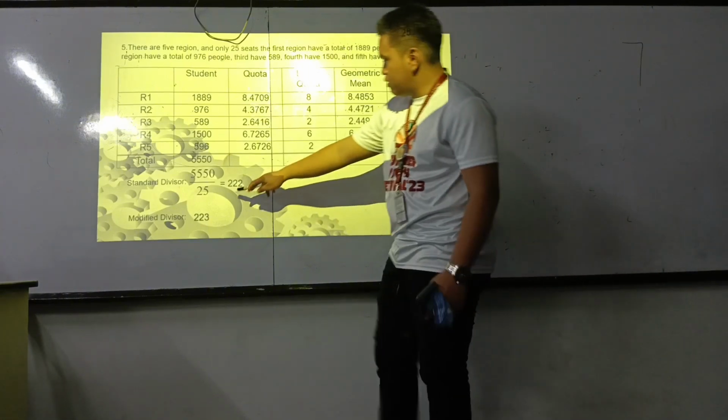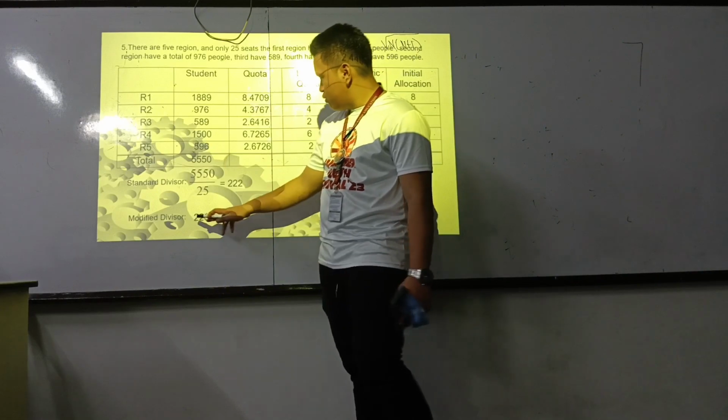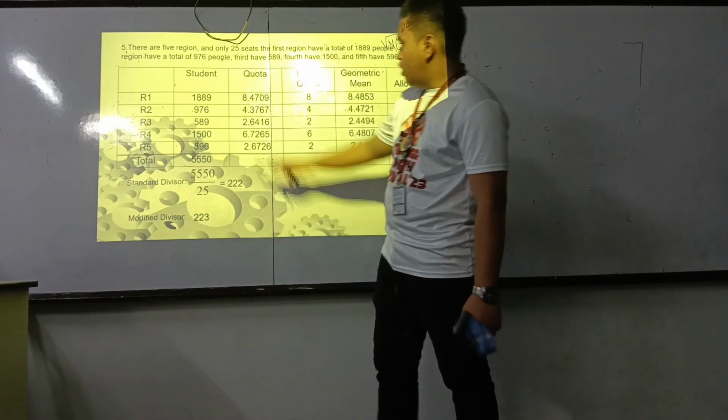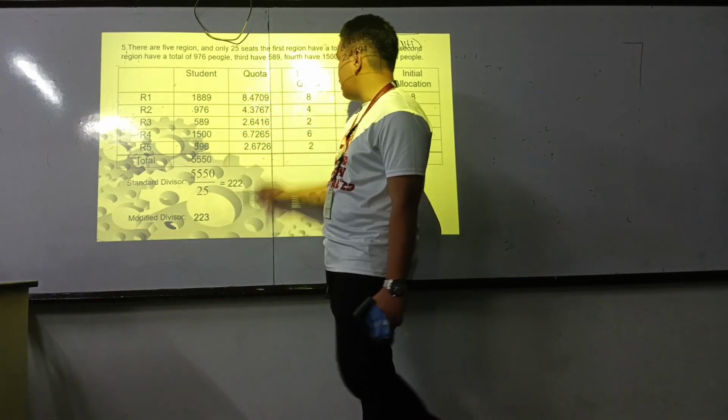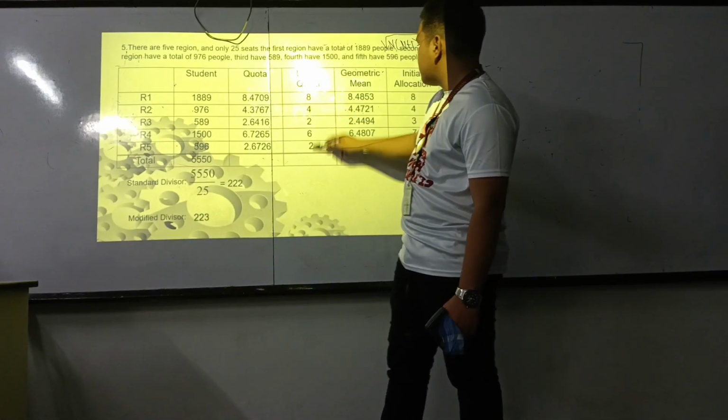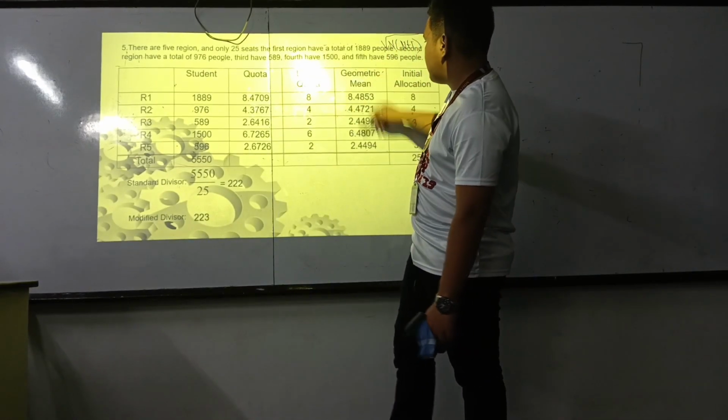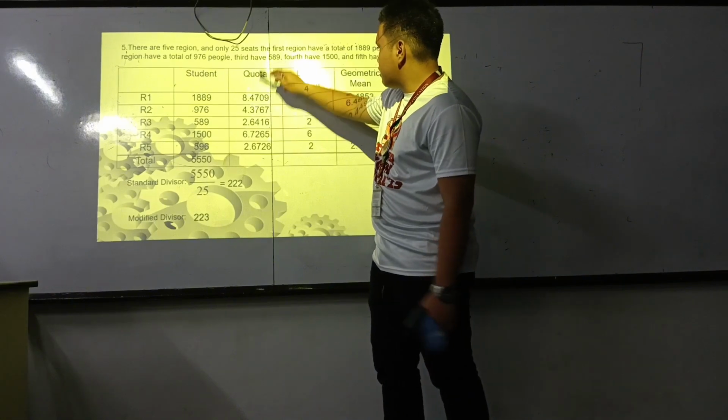So from 222, let's increase to 223. So all of them will be divided by 223, and this is their quota. So we compare the quota and the geometric mean.